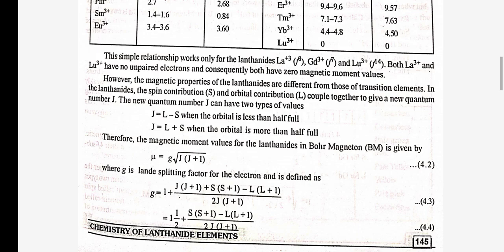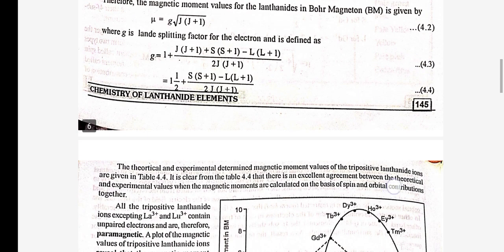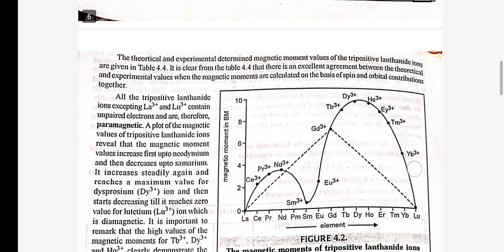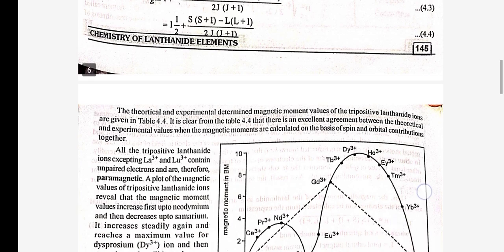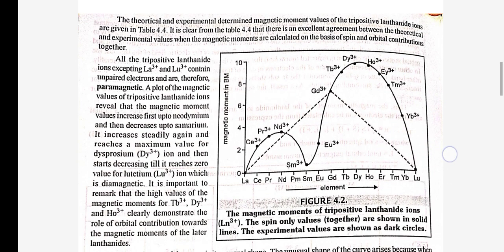and the theoretically and experimentally determined magnetic moment values of the tripositive lanthanide ions are given there. It is clear that there is an excellent agreement between the theoretical and experimental values when the magnetic moments are calculated on the basis of spin and orbital contributions together.